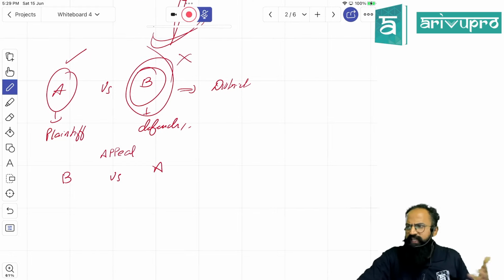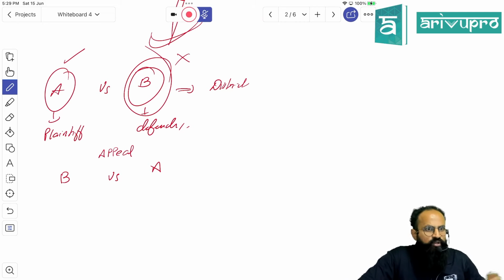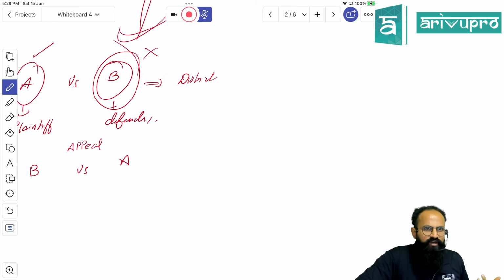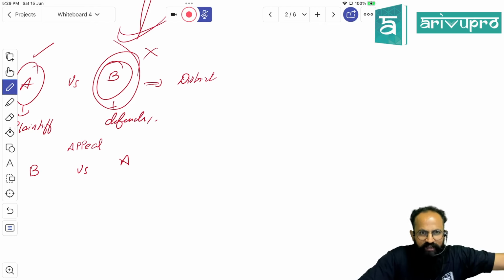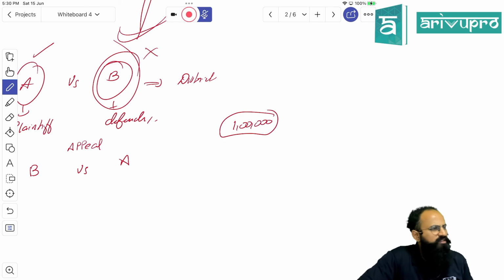Now I told you that there are so many courts. Already you know how many cases are pending in the Indian judiciary? From today, people, if every judge sitting needs to make sure there are no cases pending, each judge has to closely solve around 1 lakh cases.